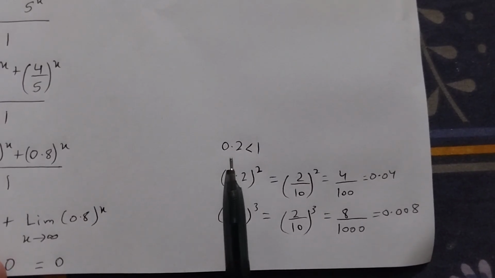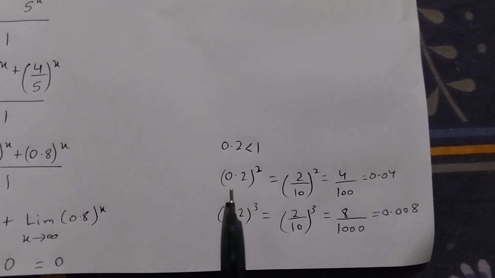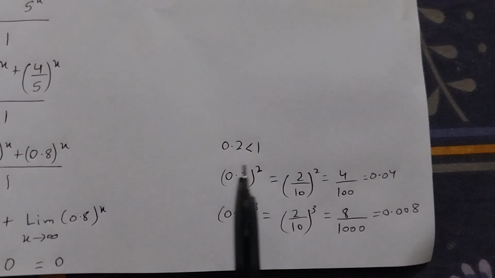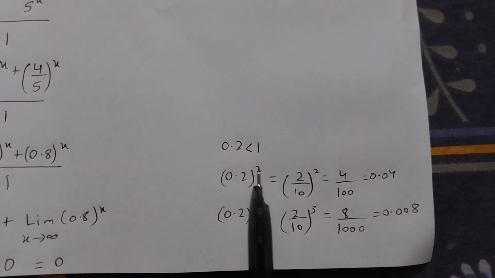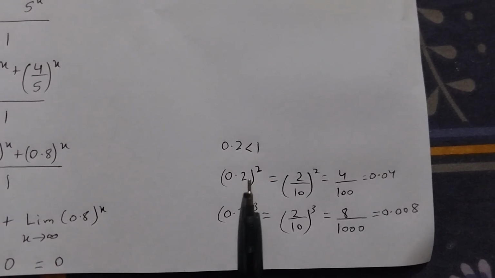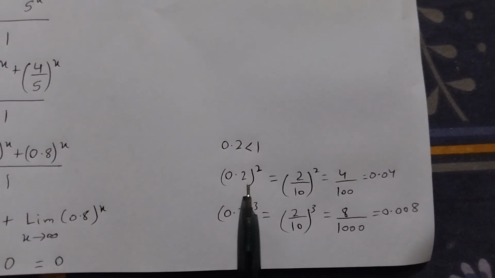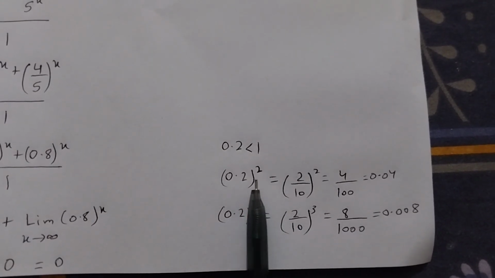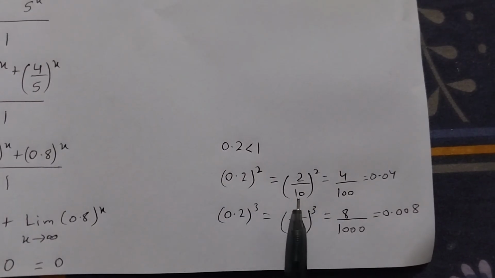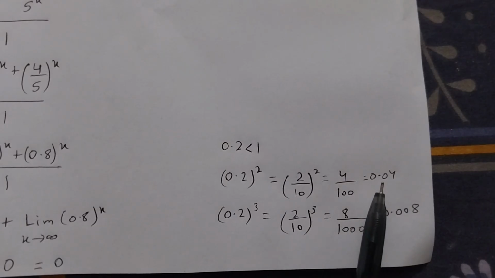If we take 0.2, which is less than 1, and raise it to a higher power, I have raised it to 2 here, which is not comparable to infinity, but just for the sake of concept, you can write 0.2 as 2 over 10, and if you square it, you get 4 over 100, which is 0.04.